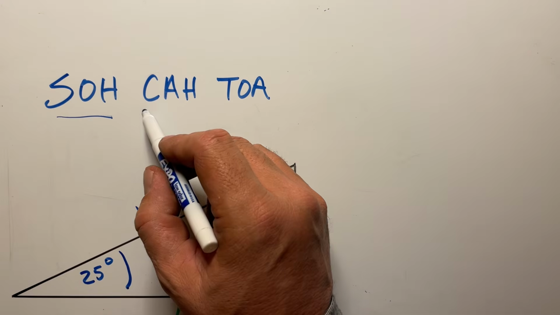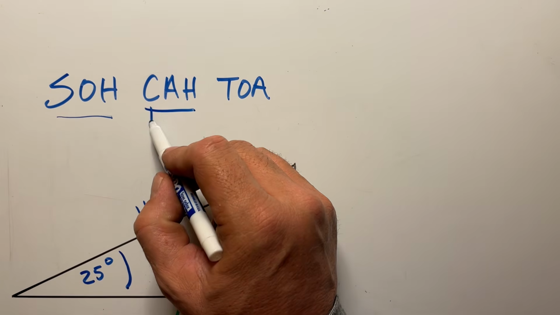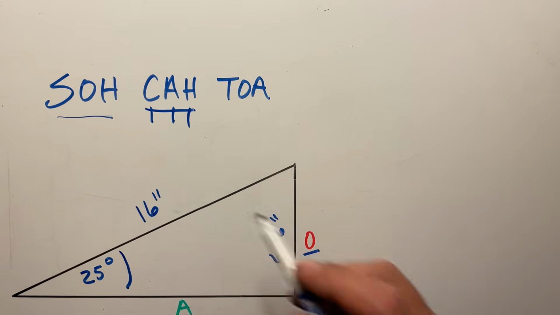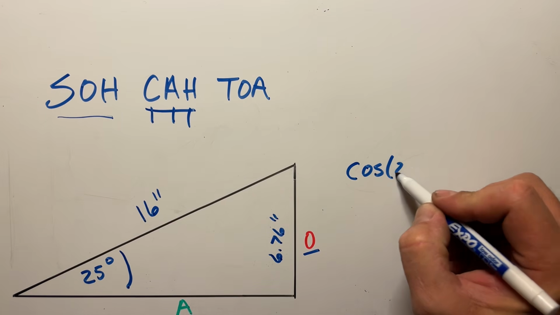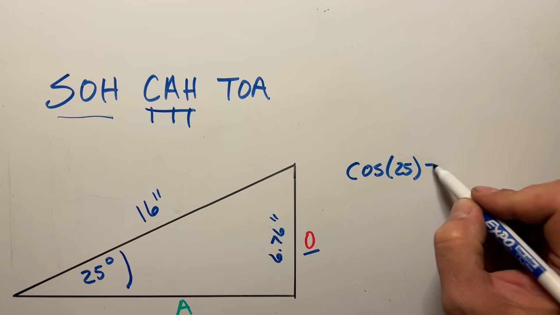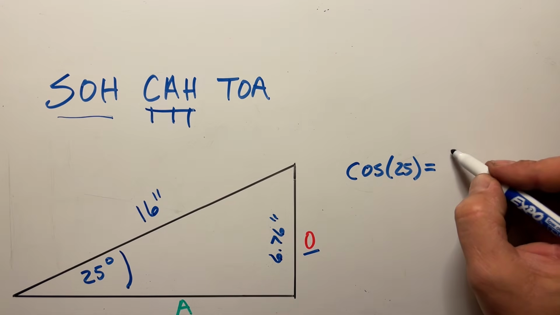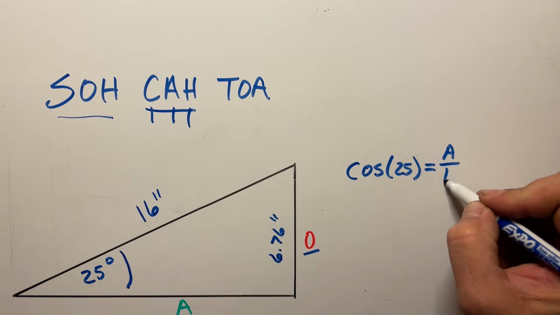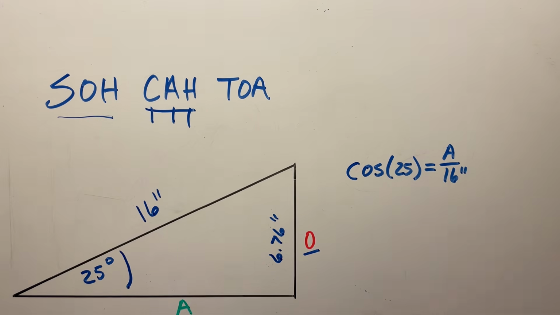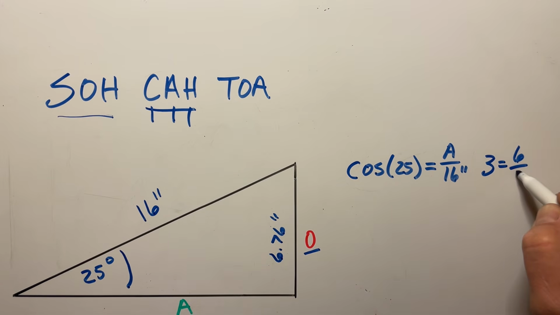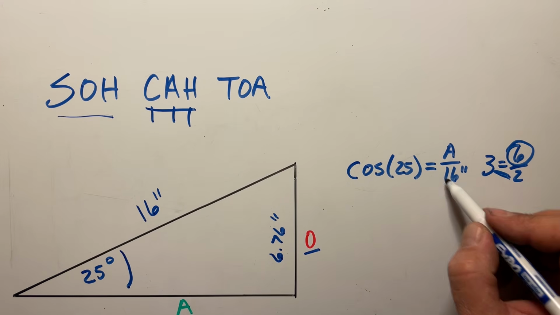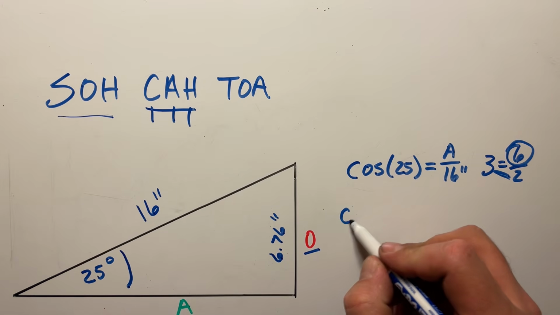So now we want to use the cosine function, the angle, the adjacent, and the hypotenuse. We can write that again as cosine 25 will be equal to the adjacent over 16, the hypotenuse. And again, using that same trick, 3 equals 6 divided by 2. The information missing is here, so we have to multiply these two in order to arrive at our answer.